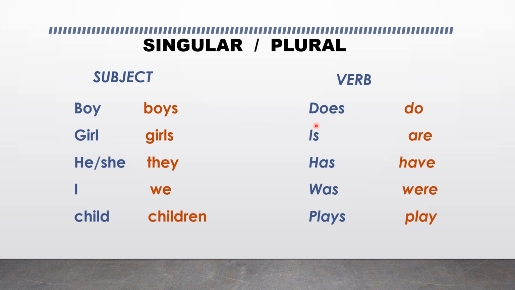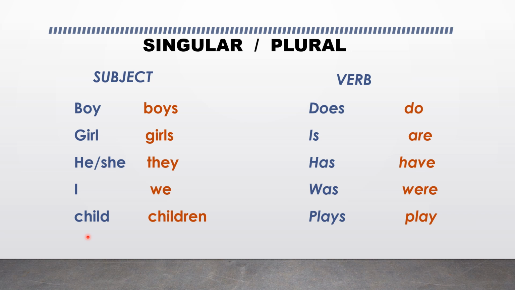Now girl is, girls are. He, she, has is singular verb. They have is plural. Now I was, we were. These are used for the past.